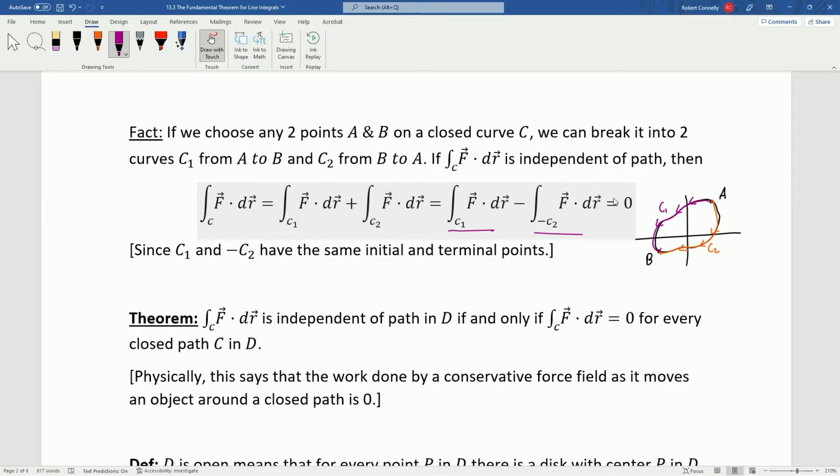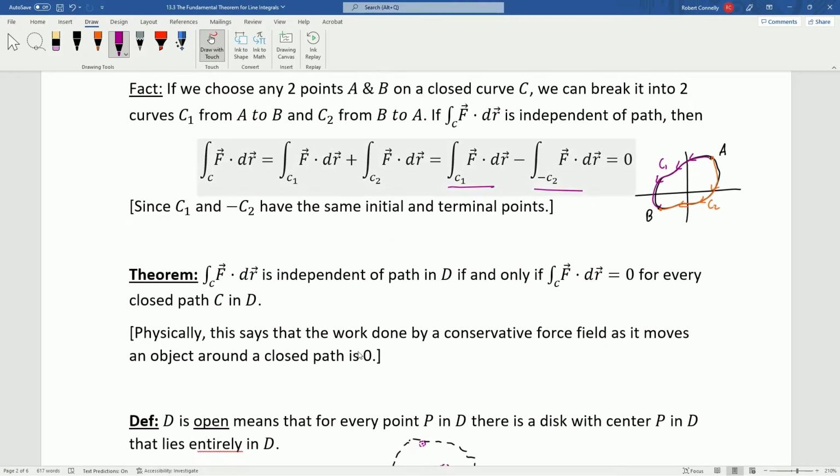We know that if we've got a curve that is closed, the integral over that curve is always going to be 0, because we could break it up into 2 curves and rewrite it as the difference of 2 integrals with the same initial and terminal points. But that requires that we know something is independent of path. So it's independent of path if and only if all of these integrals are equal to 0 for any closed path C in D.